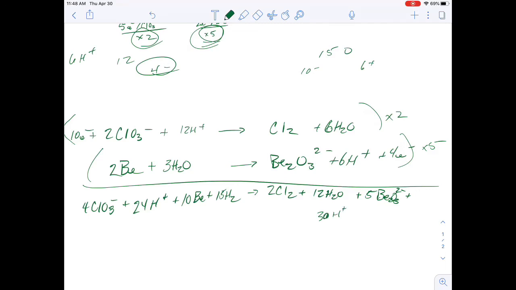Now I'm going to need to cancel out. If I've got 24 hydrogens here and 30 here, that leaves 6 hydrogens. And if I've got 15 waters, and on the other side I've got 12 waters, that's going to leave me with 3 waters here. And I've got 4 chlorines. I end up with the same balanced reaction. So it's 2 different strategies to get to the same answer. It is a trickier question.